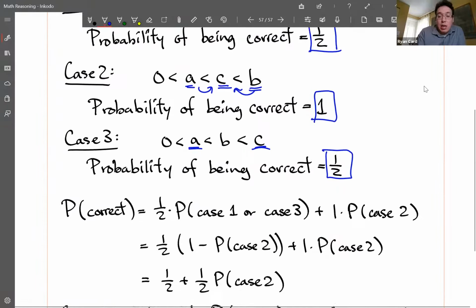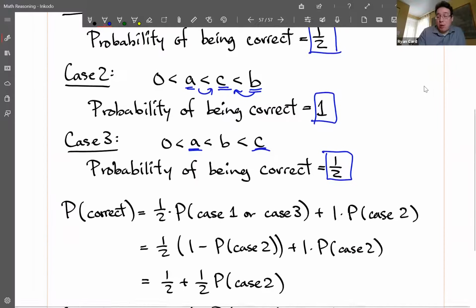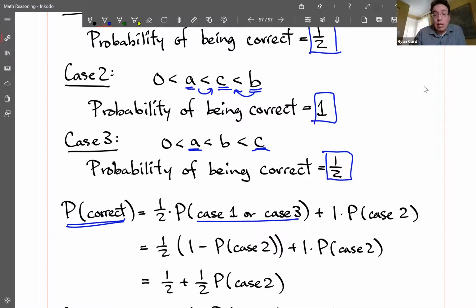I know this is not a probability class, so if you haven't seen this, it might look a little bit mysterious, but you can compute the probability of being correct by breaking it down into cases. If you have case 1 or 3, then you have a 1/2 chance of being correct, so you multiply by that.